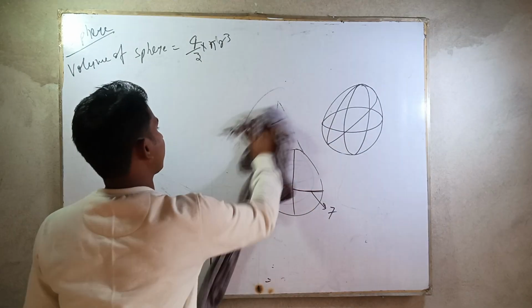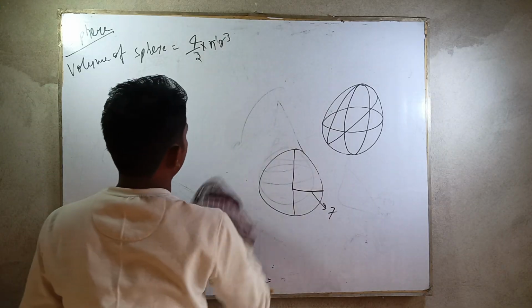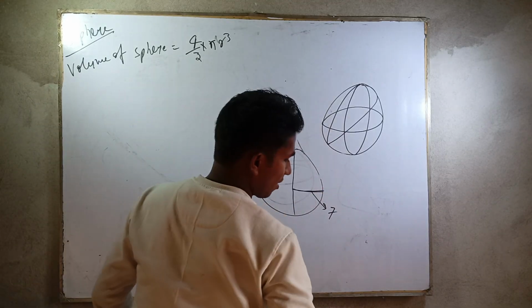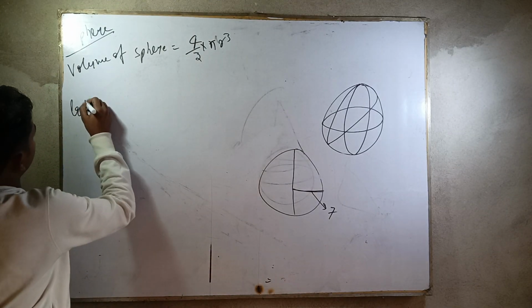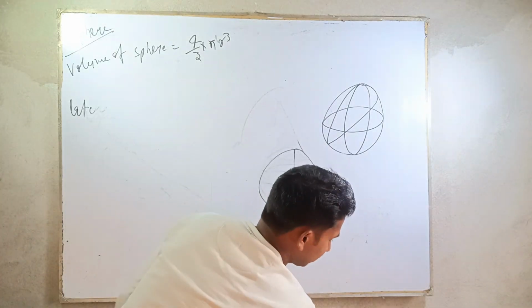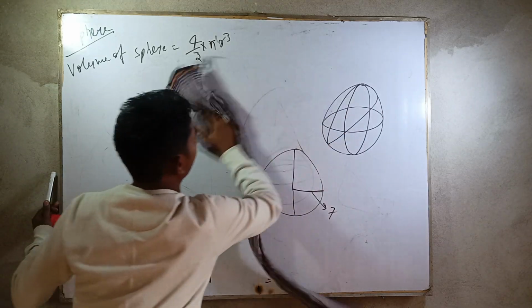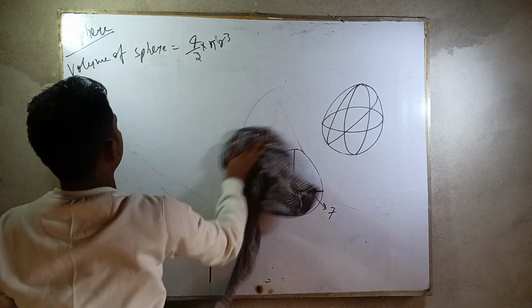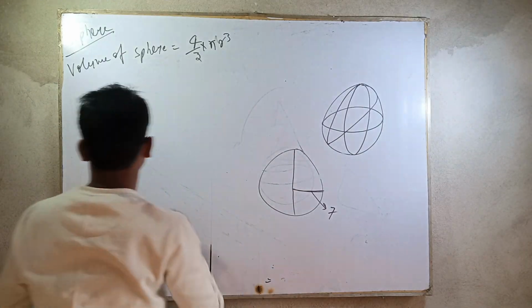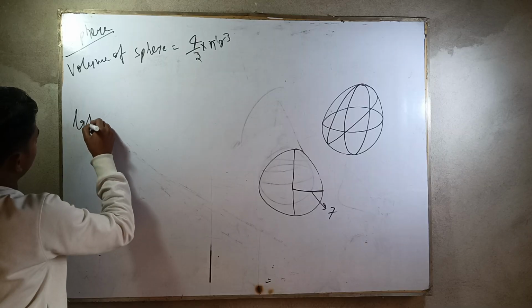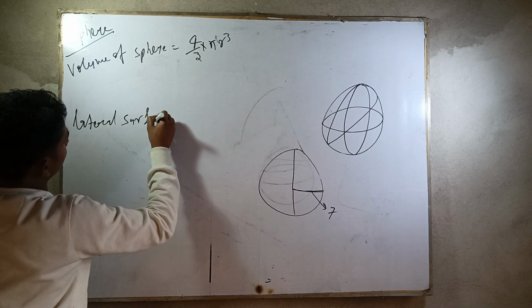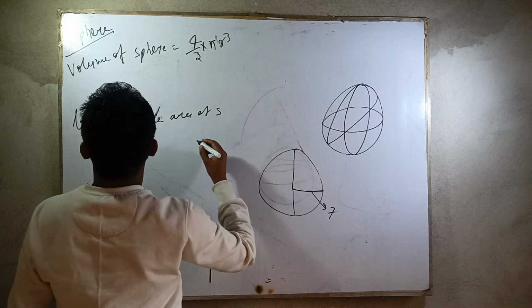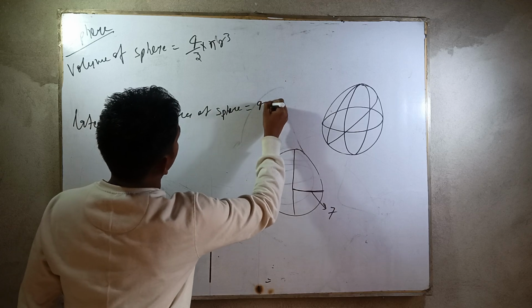The lateral surface area of a sphere is equal to 4 pi r square.